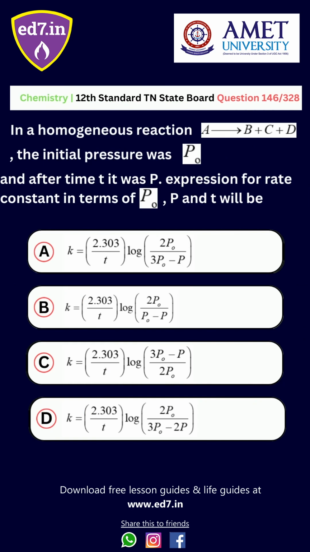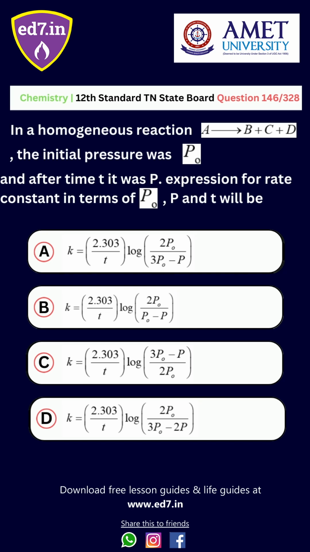Question number 146. In a homogeneous reaction, A gives B plus C plus D. The initial pressure was P0 and after time t it was P. The expression for the rate constant in terms of P0, P and t will be: option A, k = 2.303/t log(2P0/(3P0 - P)). Option B, k = 2.303/t log(2P0/(P0 - P)).